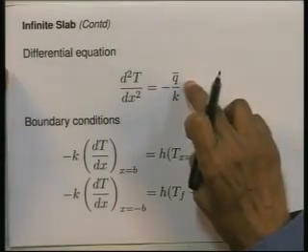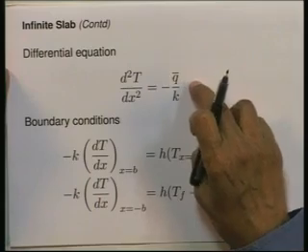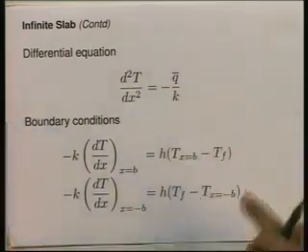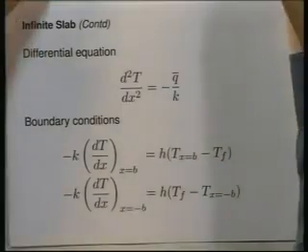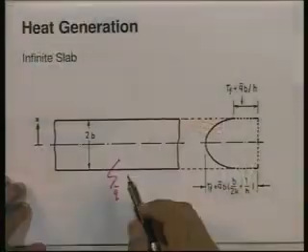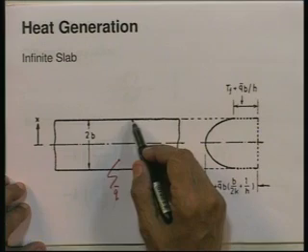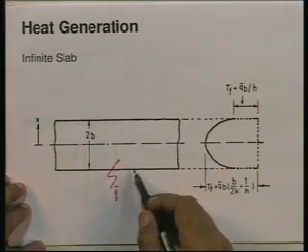So, we have to solve this second order differential equation subject to the boundary conditions on the two faces. What are the two faces of the slab? Let us go back and look at the slab. The two faces are x is equal to b and x is equal to minus b.